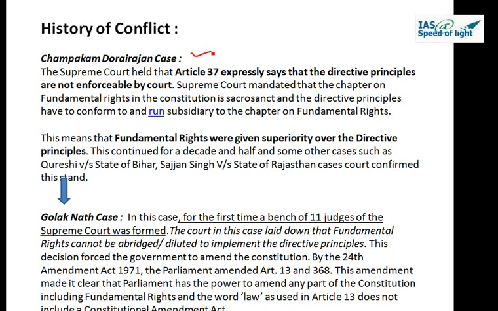When this particular case came to the Supreme Court, at that time even the Lok Sabha was not formed. Our first Lok Sabha was formed in 1952. And the conflict was between Article 16, which, if you remember, is the right to public offices, and Article 46, which we have just studied.